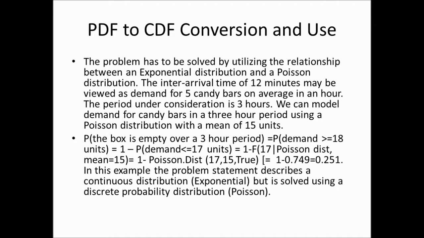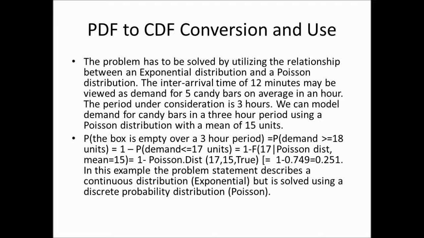Now what we are interested in is to find out the probability that 18 units or more will be demanded in a 3-hour period. So we can write that as the probability demand is 18 or more, where the demand follows the Poisson distribution with a mean of 15 units.